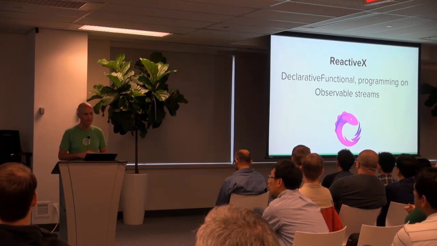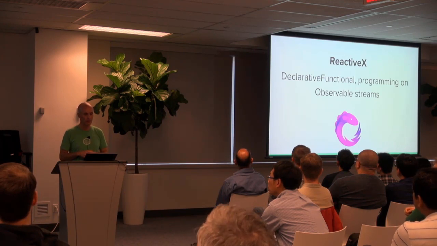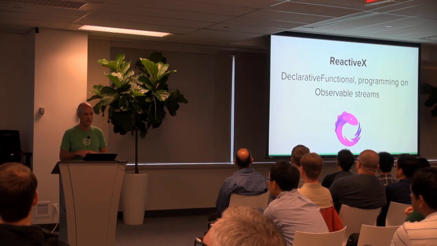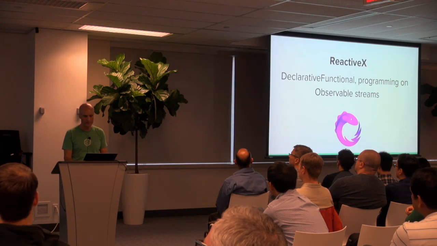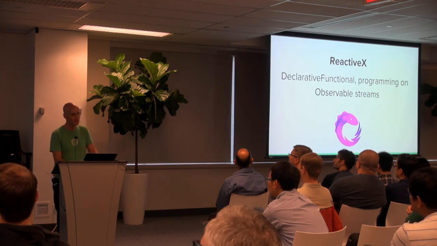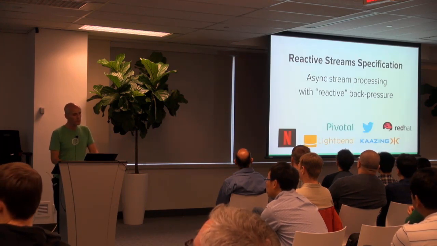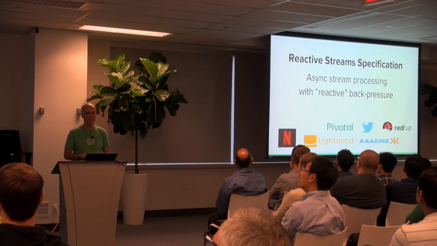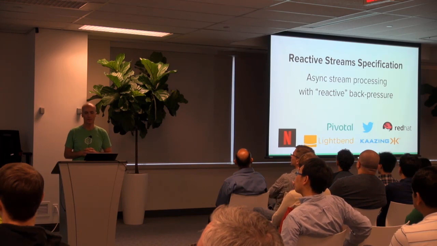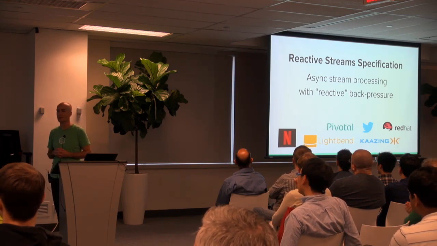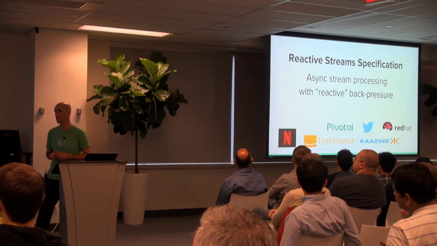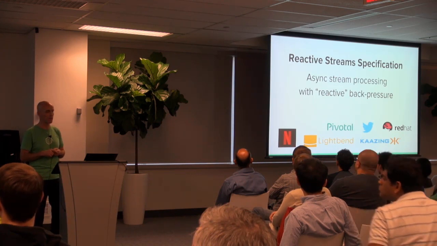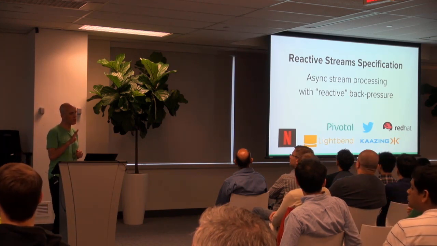RxJava became 1.0 a couple of years ago, in 2014. There are a lot of articles out there, and it served as a good model. Also, just a little bit after RxJava, maybe by half a year, we got the Reactive Streams specification, which again was a collaborative effort. A number of companies came together and put together a very small spec just for interfaces.